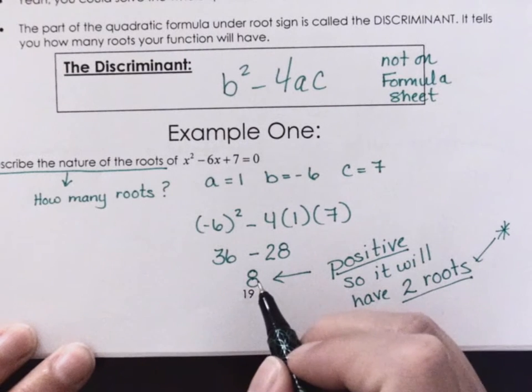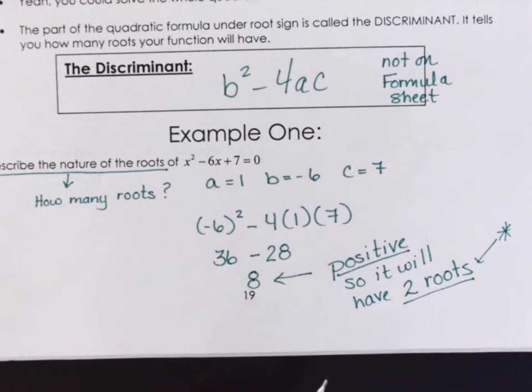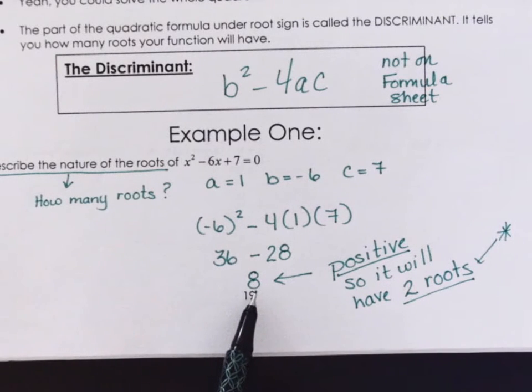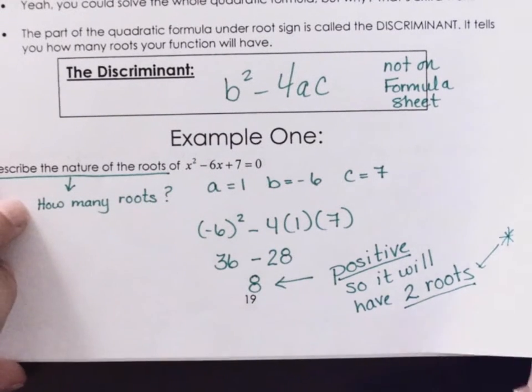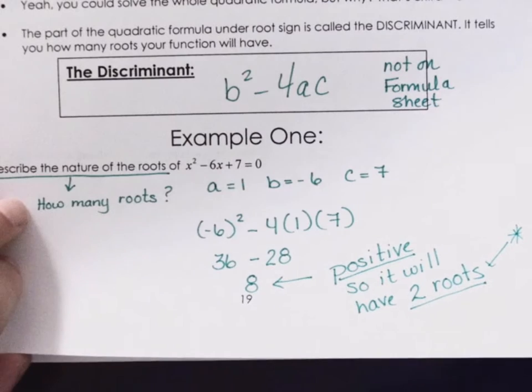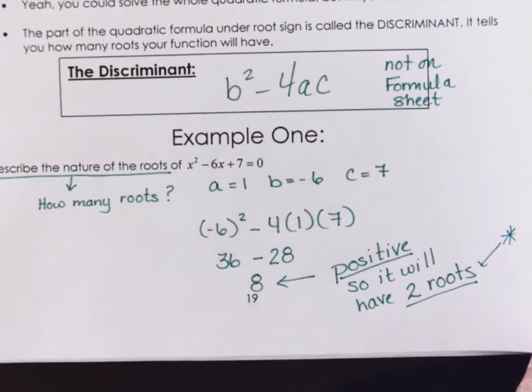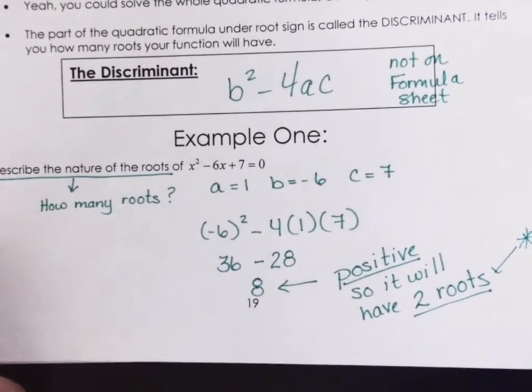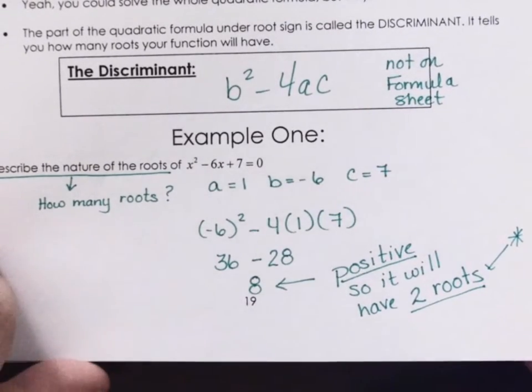If you leave it at +8, you get nothing for this. You have to tell me that there's 2 roots. That's the answer. Because what's the question asking? How many roots? Are you telling me there's 8 roots? Well, that's not a quadratic function then. Easy peasy, right? It's not hard at all, but switching your brain between 4.2 and 4.3, that's the tough part. Can I flip? We good?